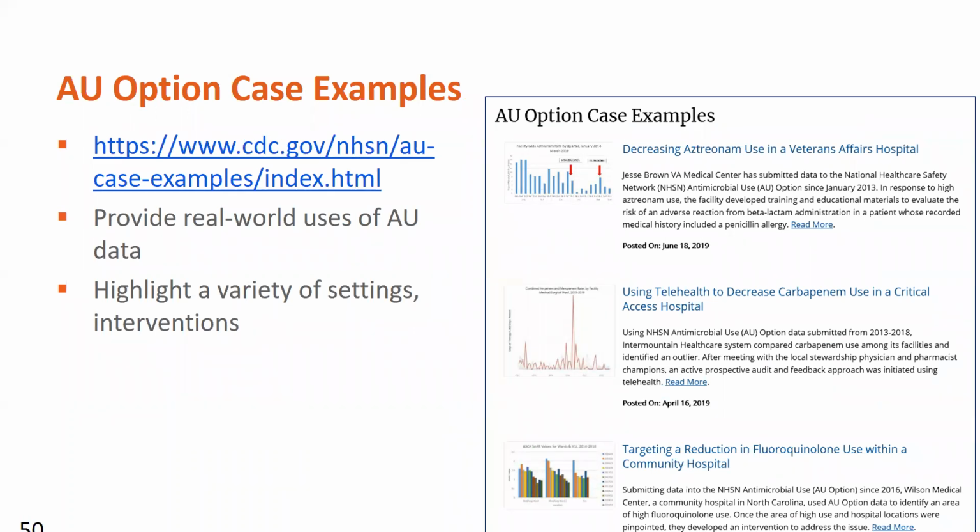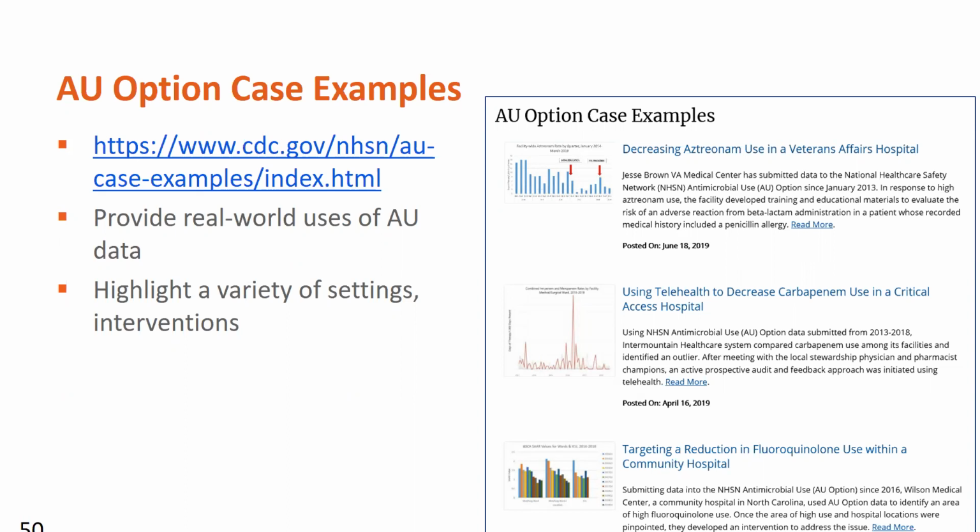They provide real world uses of AU data from facilities and systems that have submitted AU data and then have used that data in some way at their facility or system. We're trying to get examples that highlight a variety of settings and interventions. Right now we have one available for a VA hospital, a critical access hospital, and a community hospital. The one we're working on is in a larger teaching hospital.